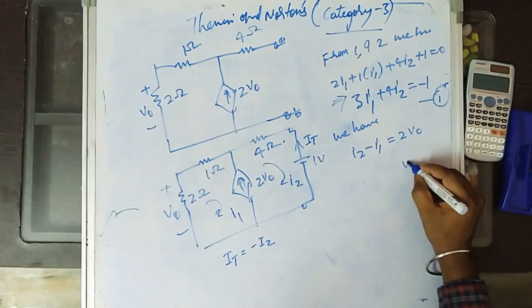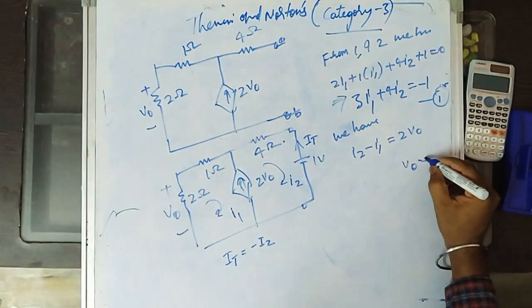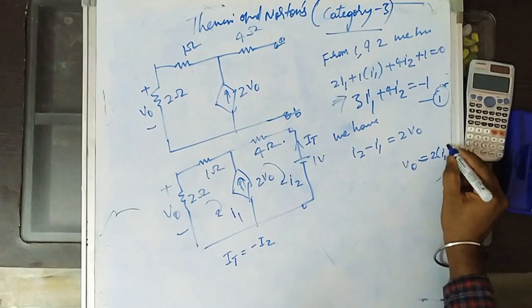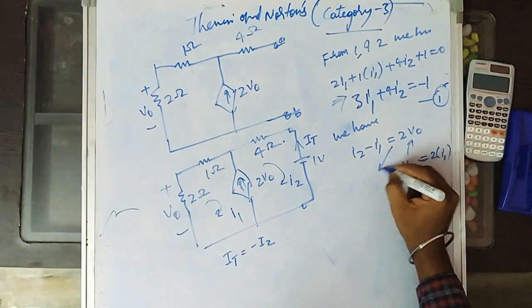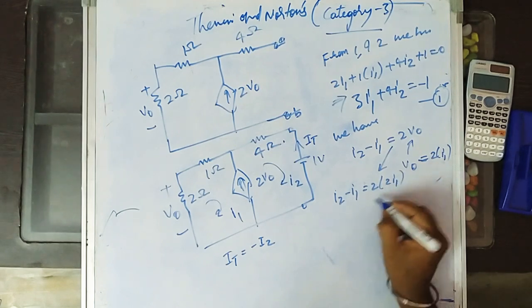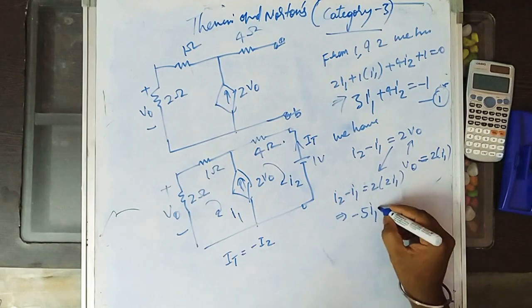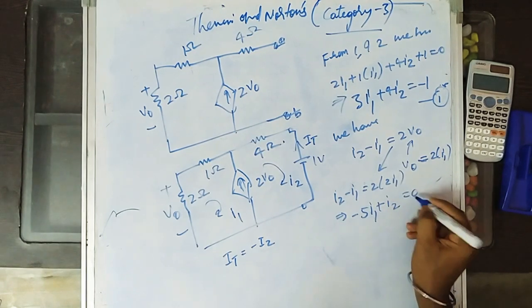Here we have V naught equal to 2 into the current through this 2 ohms, 2 into I1. Substitute this here. We will get I2 minus I1 equal to 2 into 2 I1. Solving, we'll get minus 5 I1 plus I2 equal to 0, right?